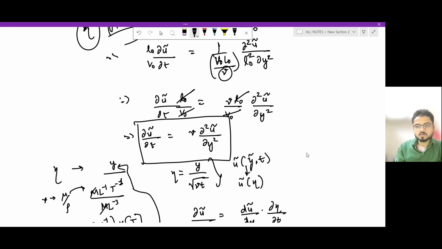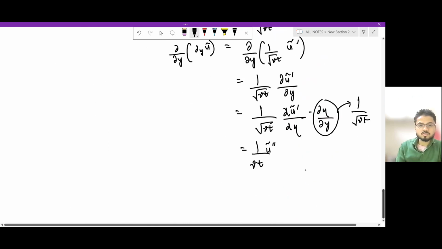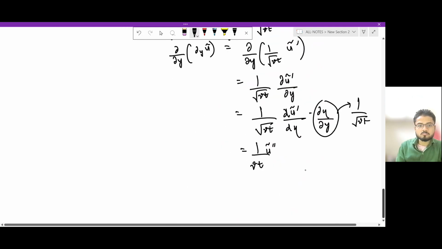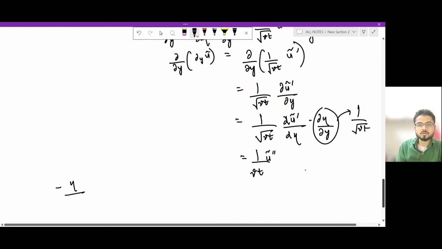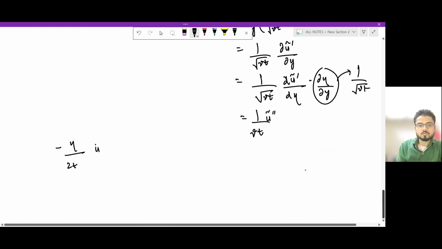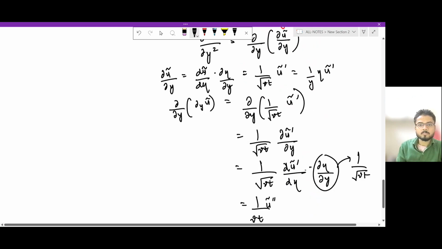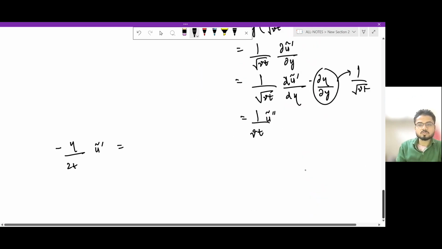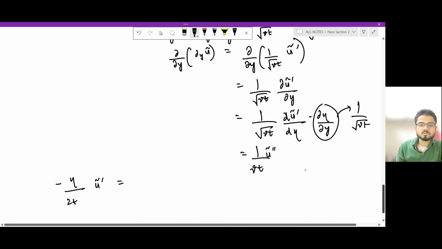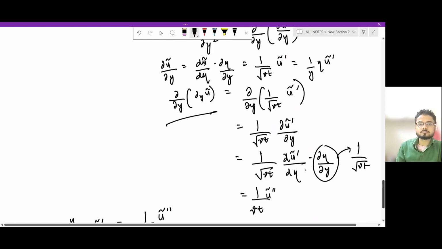Substituting all these things into the original equation, you can easily obtain something like this: minus eta over twice of t u tilde prime, which is equal to nu times the double y partial derivative of u tilde, that is this, and multiplied by nu, you got 1 over t u double prime.